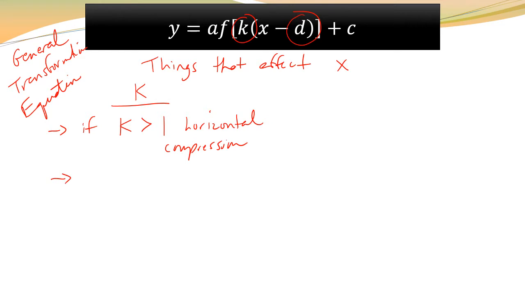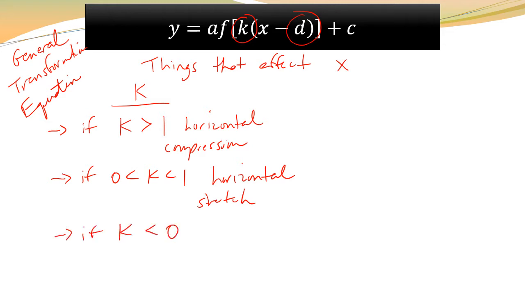If k is between 0 and 1, in other words, a decimal or fraction between 0 and 1, so 0 is less than k is less than 1, it's a horizontal stretch. If k is less than 0, so a negative number, it's reflected in the y-axis.